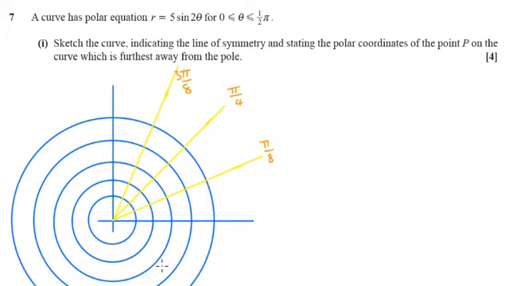It's really a useful way to get accurate graphs quickly, rather than having to type in all the numbers one at a time. So we're going from 0 to pi over 2 in steps of pi over 8.